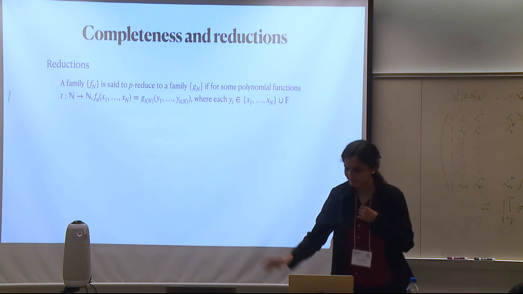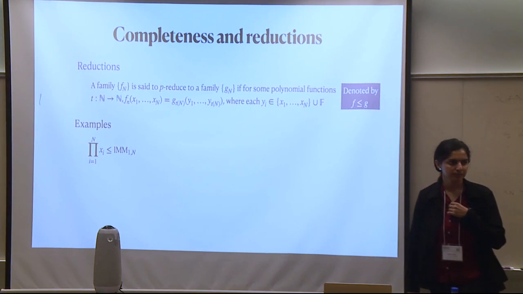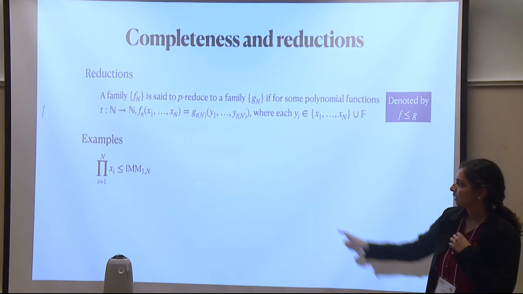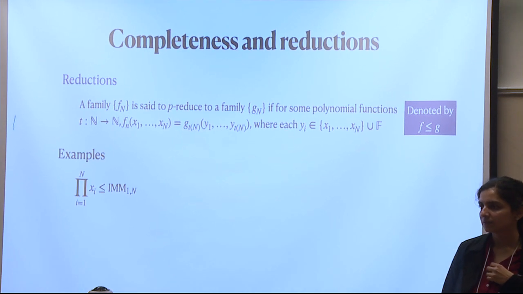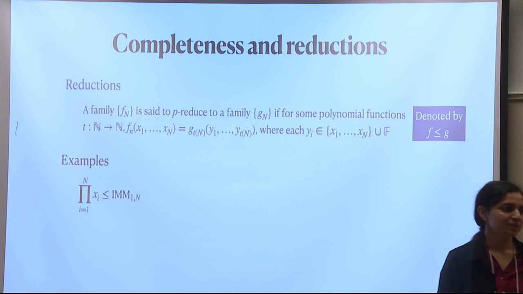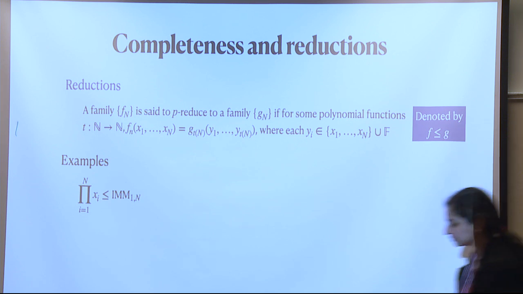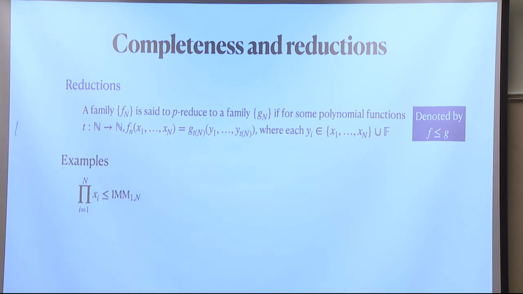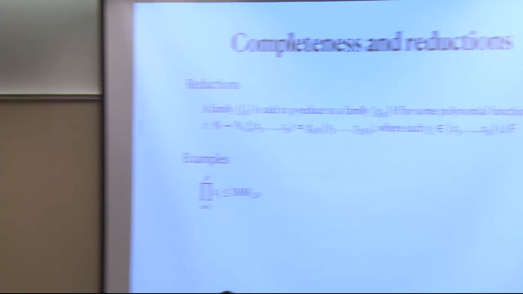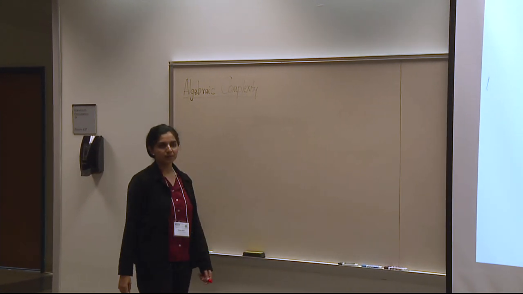Let's quickly see an example because the definitions are often hard to parse. I want to show you that this very simple polynomial, which is a product of variables, reduces to iterated matrix multiplication. Does anyone see why that should be the case? Recall iterated matrix multiplication was simply multiplying D matrices of size n by n.